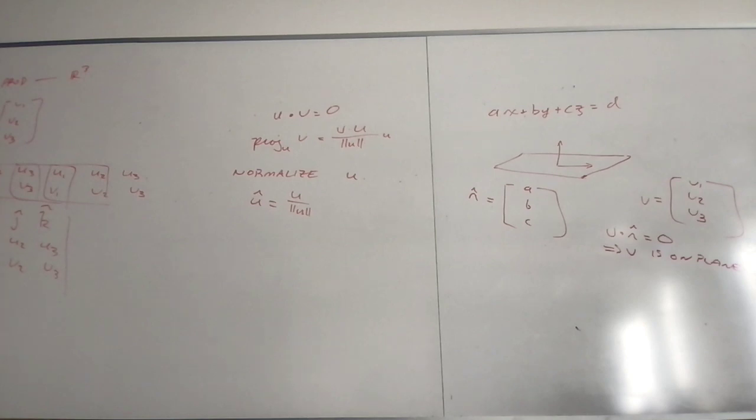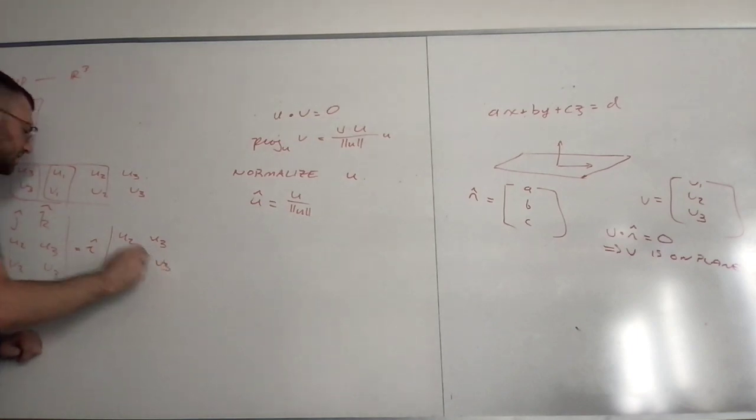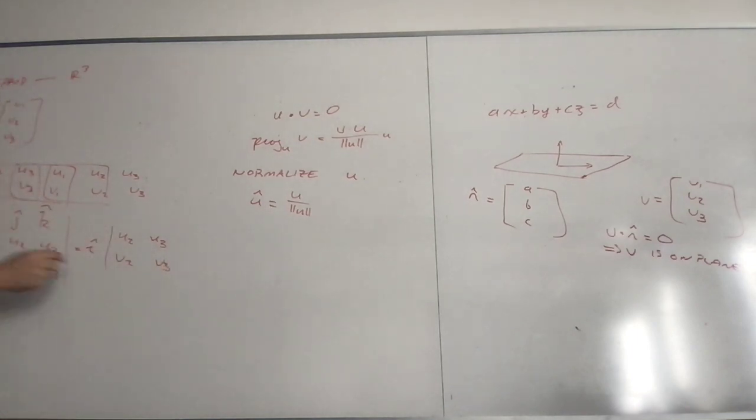You do cofactor expansion along this row. So you would get I hat times the determinant of what's down there, so U2, U3, V2, V3. So it is actually the same thing as this, right? Yeah. And then you do minus J hat, right? Because we're now in 1, 2. So -1 to the power of 1 plus 2 is -1.